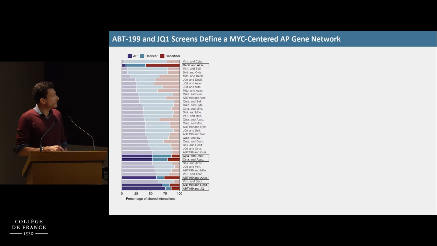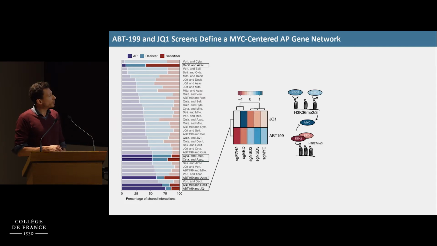We found that indeed over 75% of genes, when we compare these 2 molecules, could be classified as AP genes.